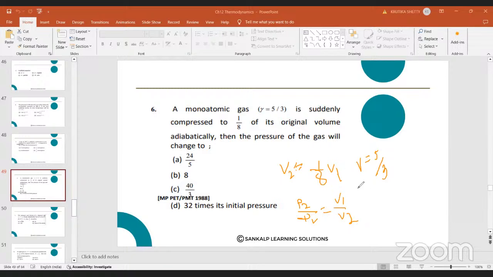So V cancels, then you have only 1 by 8 to the power 5 by 3. So 5 cube, and then you take the cube root of it. So all are getting option D. Yes, very good. That is option D is the correct answer. Hope the others also got the answer.